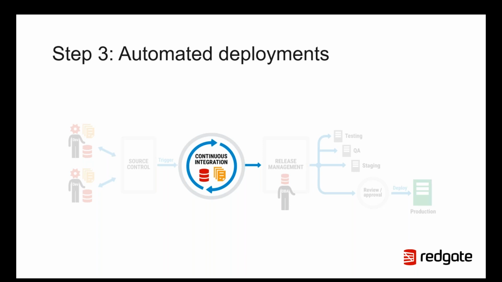So this really does help you solidify your release pipeline and make sure that only things that are valid and are not breaking anything get past this point and then get deployed to target environments.